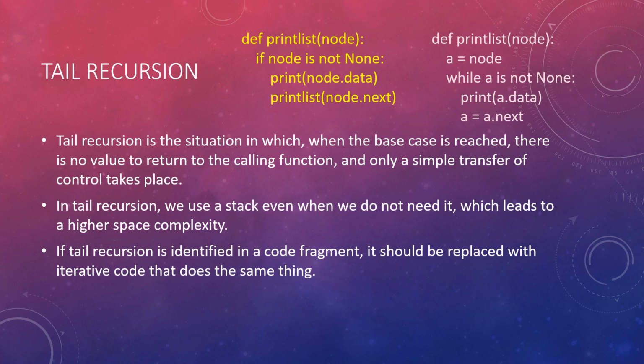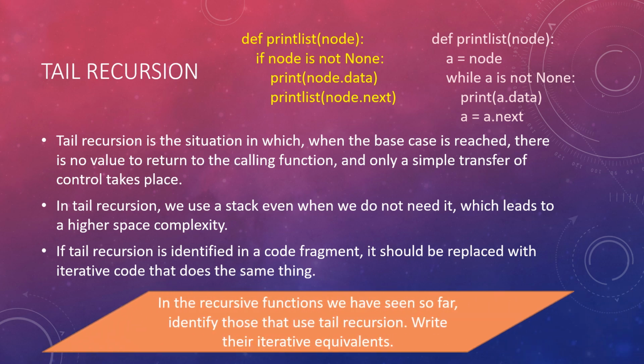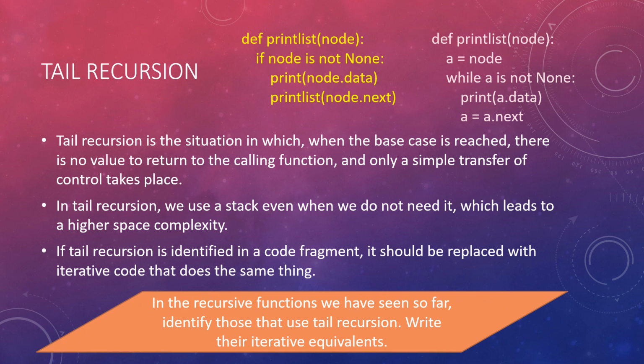Define print list node. A is node. If A is not none, print A dot data and advance A. In the recursive functions we have seen so far, identify those that use tail recursion and write their iterative equivalents.